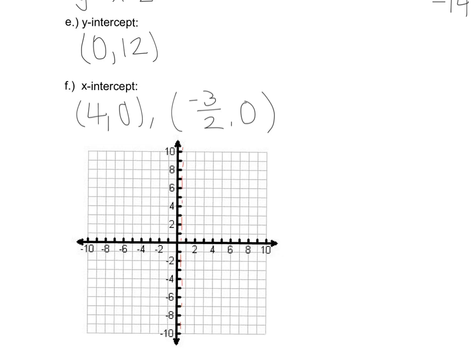So y-intercept negative 2, apply a slope of positive 1. Something along these lines. And this is a rough estimate of the line y equals x minus 2.